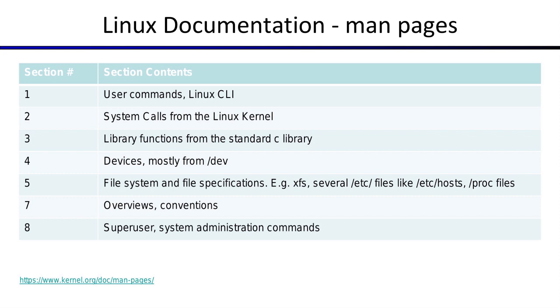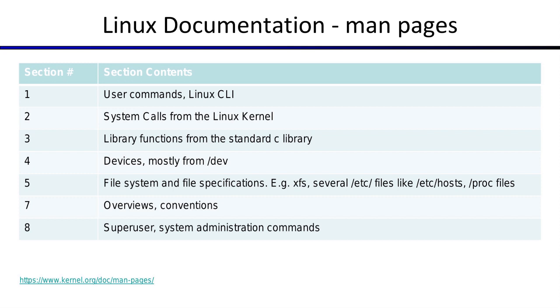There are 8 sections of the man pages. Section 1 is with the command line interface. User commands. You can go and type these commands on a Linux box and they will do something for you. Now, not all distributions will have all the commands, but these are generally the commands available for you. And there may be more that are not in these man pages, specifically in one website.